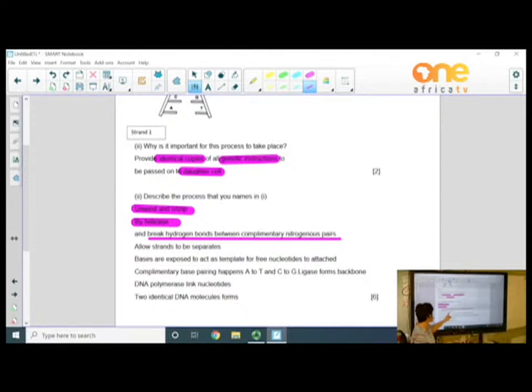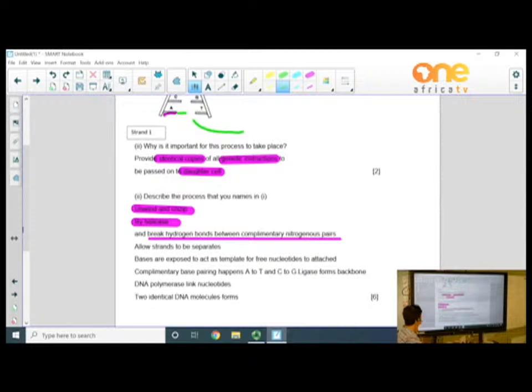This allows the strands to separate. Bases are exposed. There we can see the bases are now exposed for the free nucleotides with their nitrogenous bases to attach.